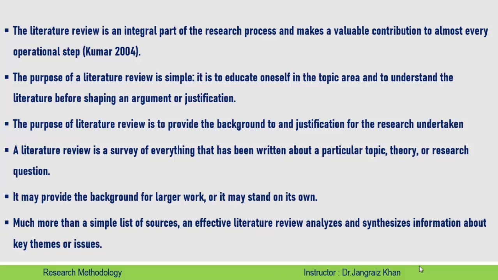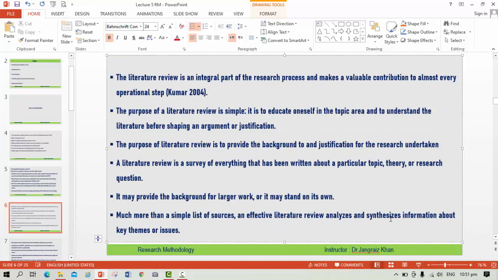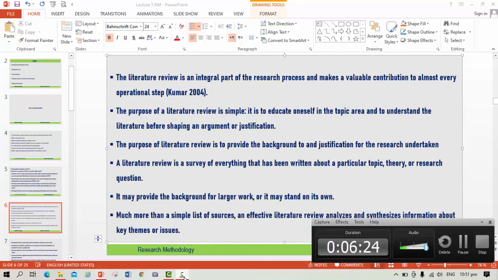Much more than a simple list of sources, an effective literature review analyzes and synthesizes information about key themes or issues. We get the definitions, we get the explanation of the variables, of the issues, of the themes in the literature review.